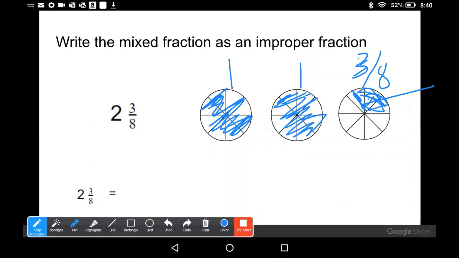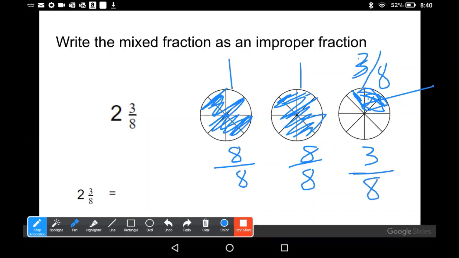I need to figure out how many total 8ths I have. Here I have 8 8ths. Here I have 8 8ths because I have 8 pieces and I've colored in all 8 of them, plus another 3/8. So in total, I have 8 plus 8 is 16 plus 3 is 19 eighths.